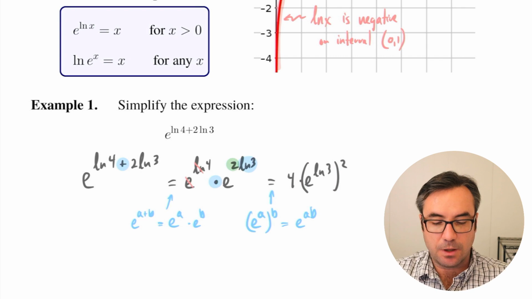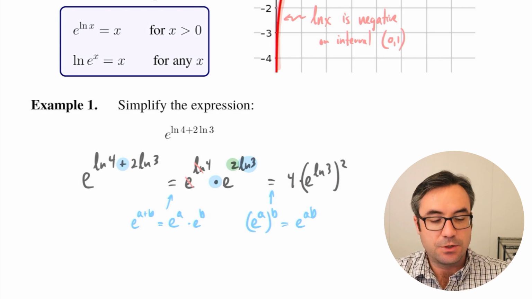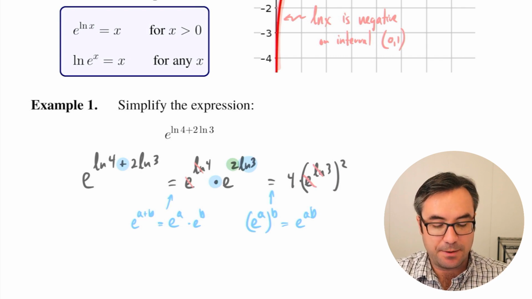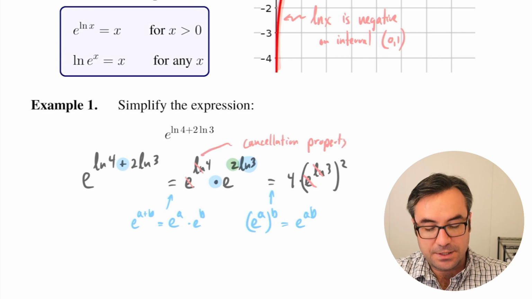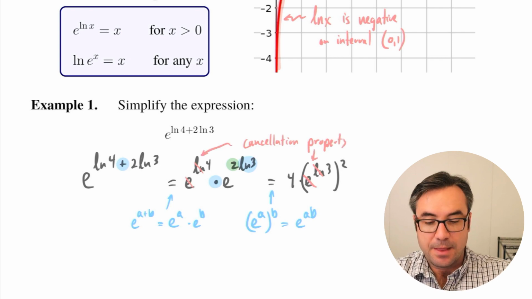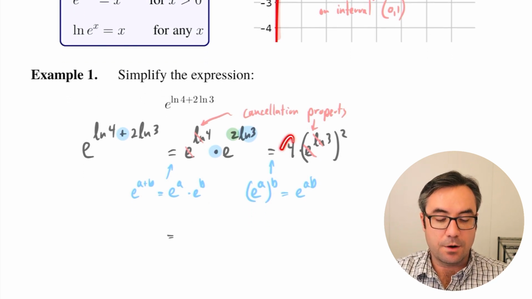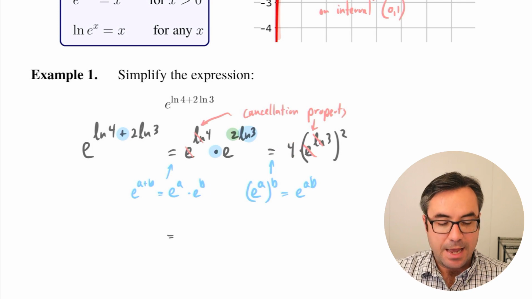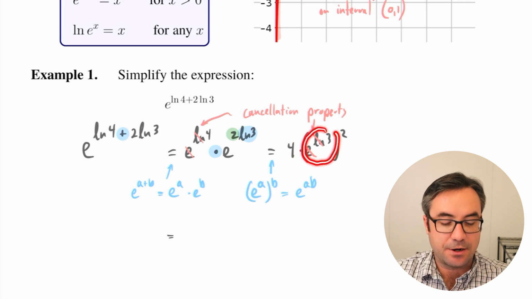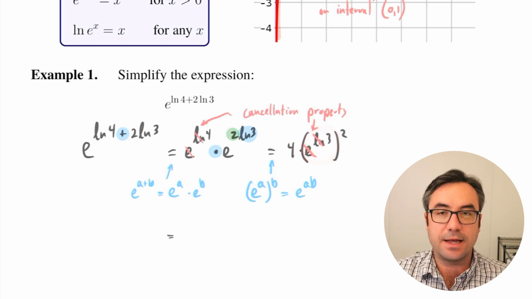The e and the natural log are right next to each other, so we can use our cancellation property. All right, so we get to use it twice here. Once here, and then once right here. And so once we do that, what are we going to have left? Well, we have our 4. There it is. And now inside the parentheses here, the e and the natural log are canceled, and the only thing that's left is the 3.